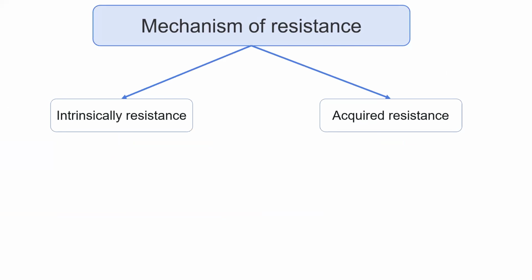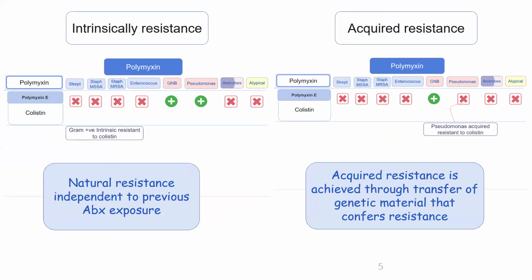outer membrane. The mechanism of resistance in general is classified into intrinsic resistance and acquired resistance. The difference can be seen in these figures. For example, with polymyxin, the gram-positive bacteria are intrinsically resistant to colistin.